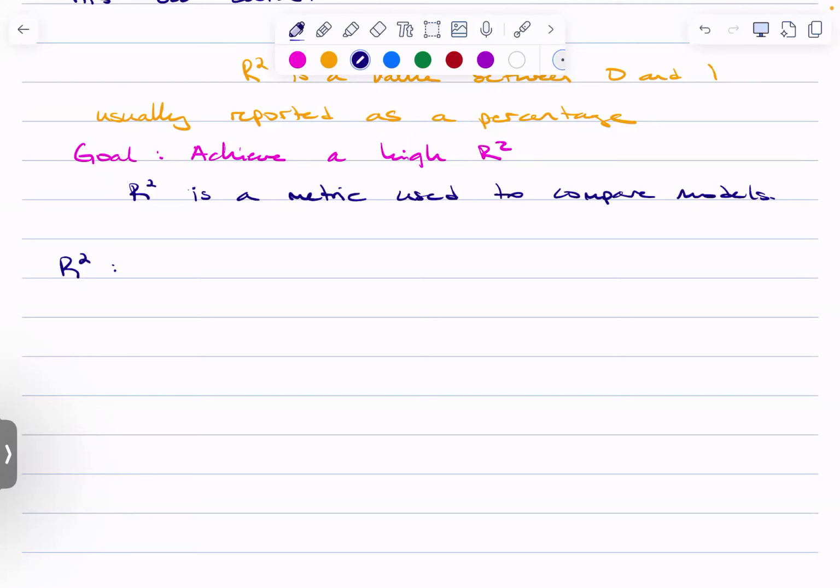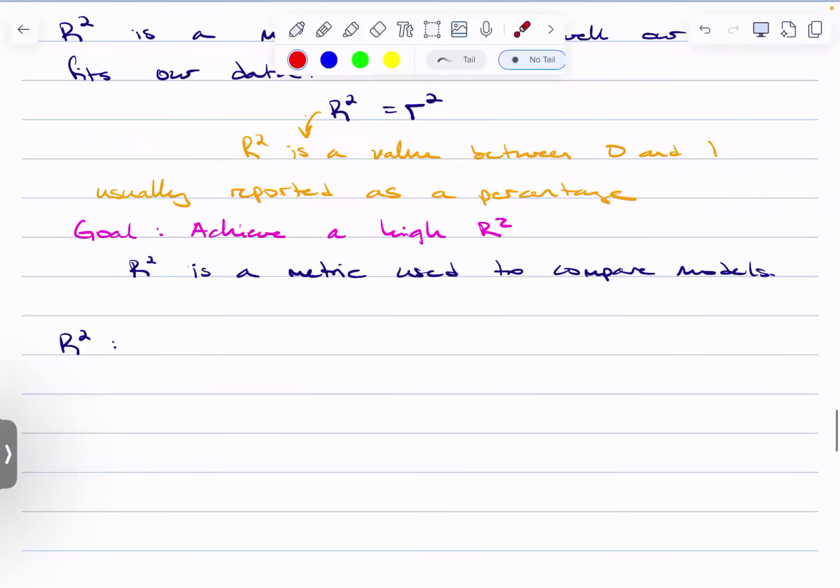It's the percentage or the proportion, because any value between 0 and 1 can be considered a proportion, and if I multiply it by 100, I get a percentage. Let me write that here: between 0 and 1 is a proportion, but usually a percentage, which means you can use them interchangeably.